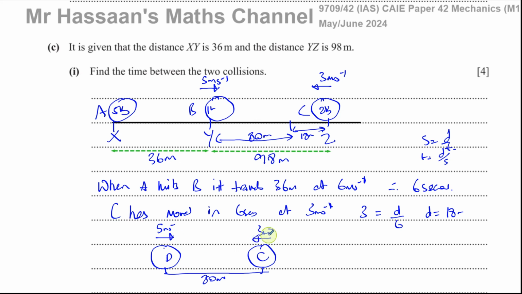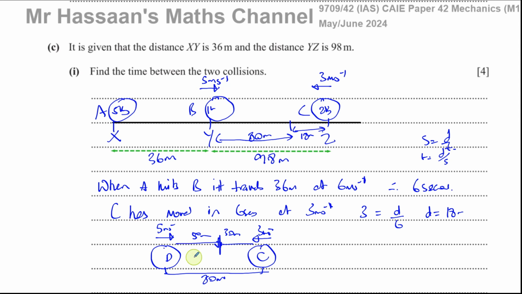So no, it's going to be inversely proportional. Why? Because the one traveling faster will take less time. Okay, so basically, this is going to travel 50 meters. This is going to travel further. So he's going to travel 50 meters, and he's going to travel 30 meters when they collide.